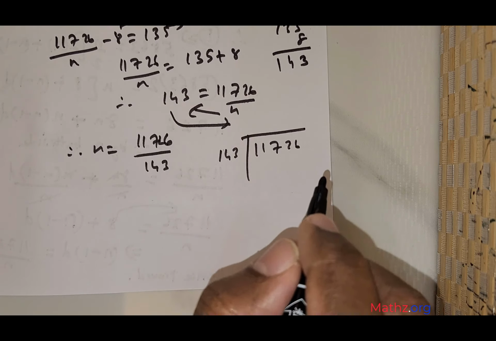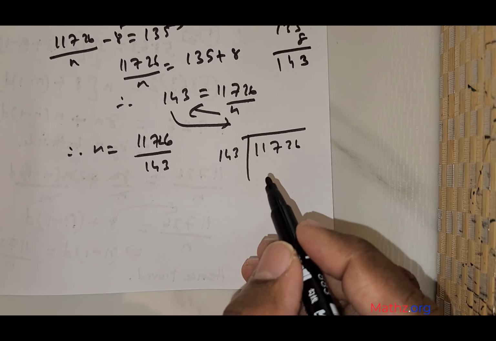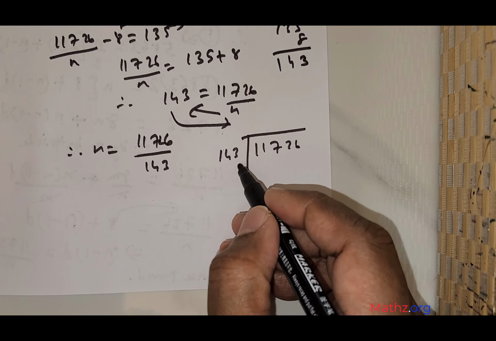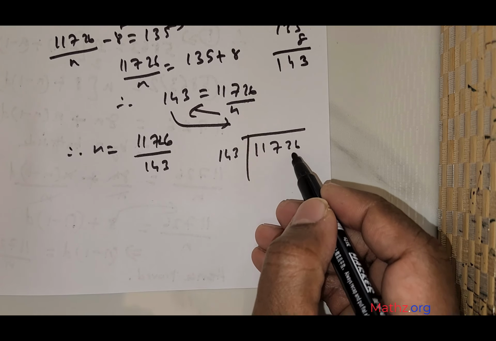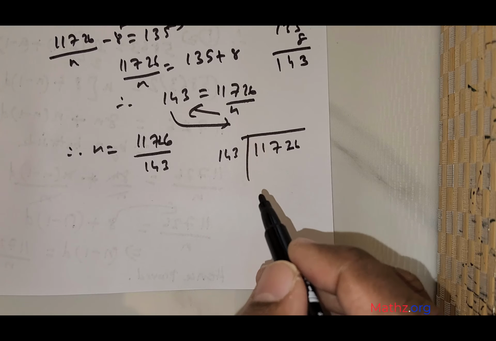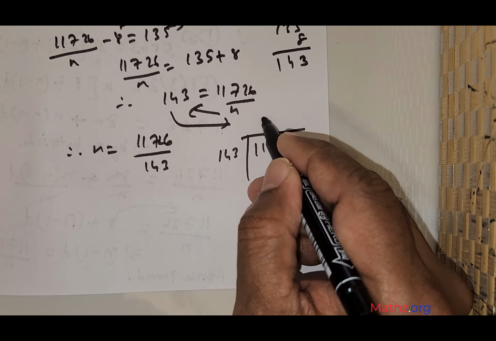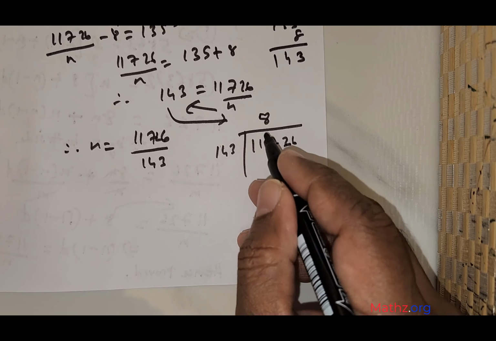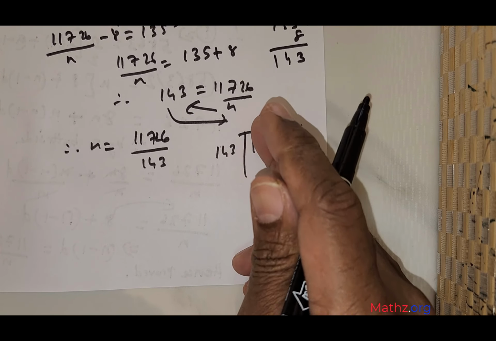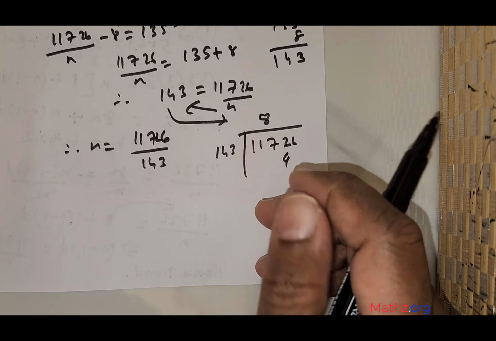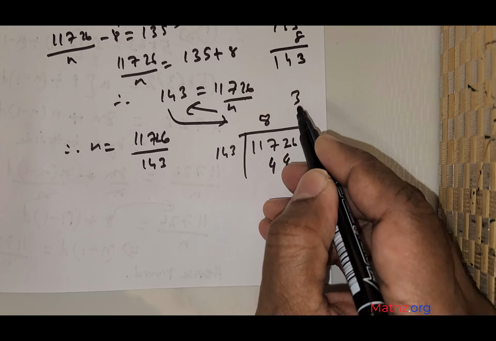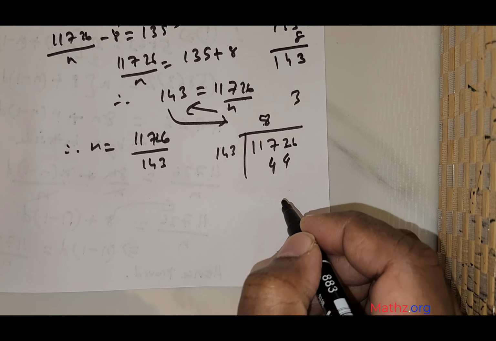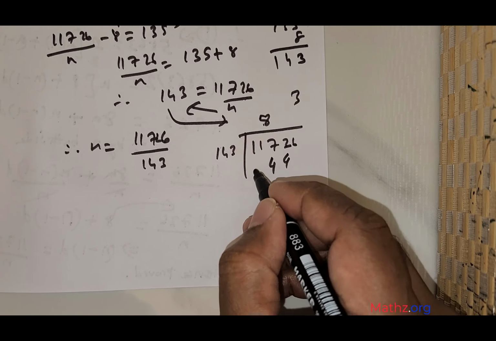You need to be utilizing trial and error. Clearly 143 cannot divide 117, so we need to take the 4 digits. I'm going to place 8. 3 times 8 is 24, 4 times 8 is 32, 33, 34, and 1 times 8 is 8, and add, I get 11 there.